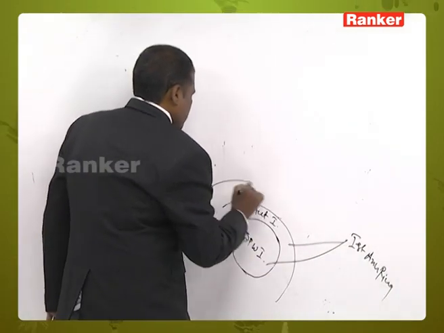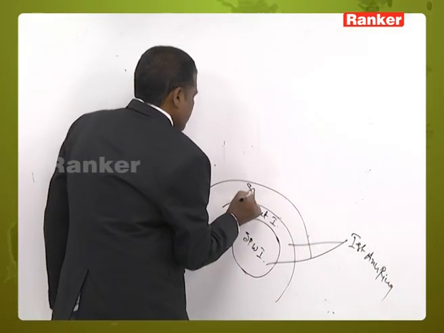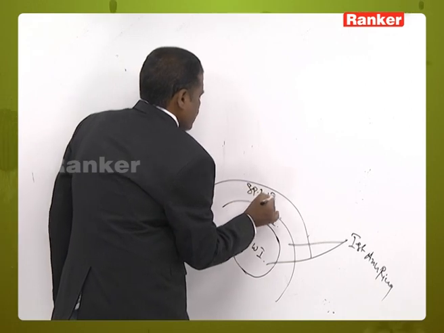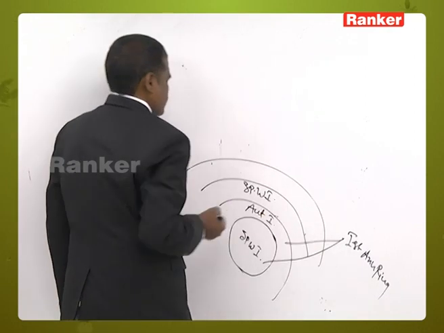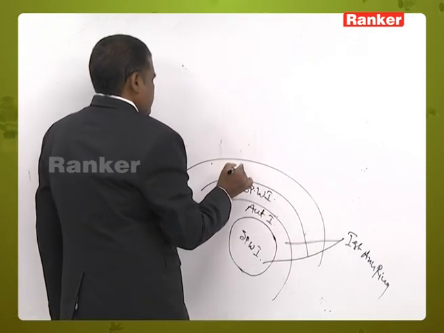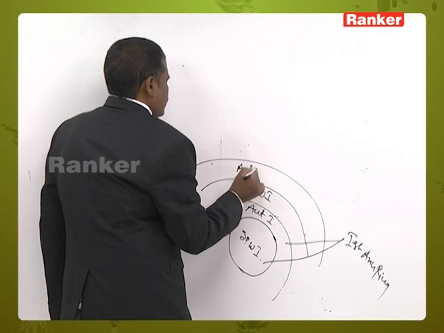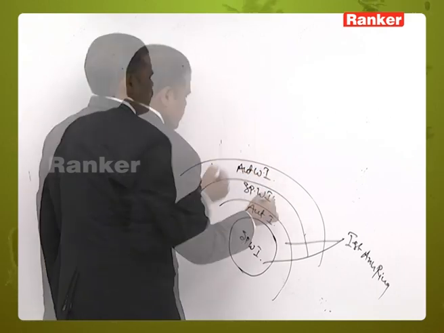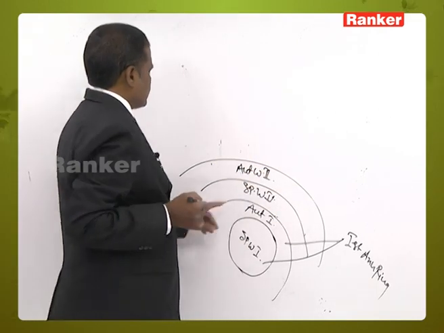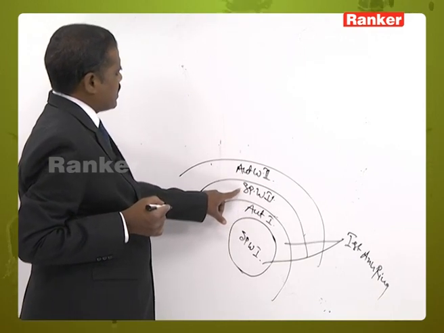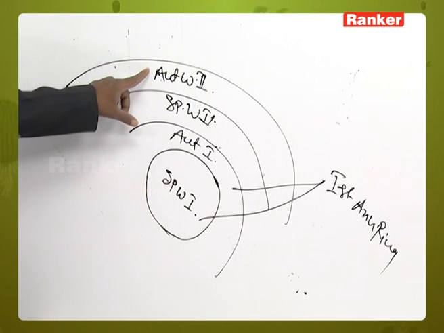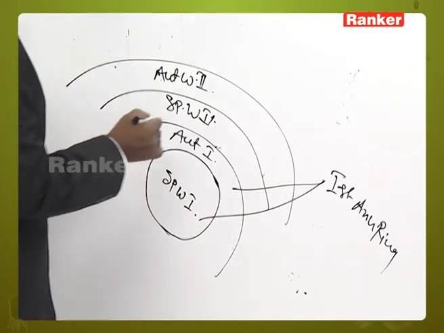Spring wood of the first year is surrounded by a concentric ring of autumn wood of the first year, which is surrounded by spring wood of the second year, surrounded by autumn wood of the second year.